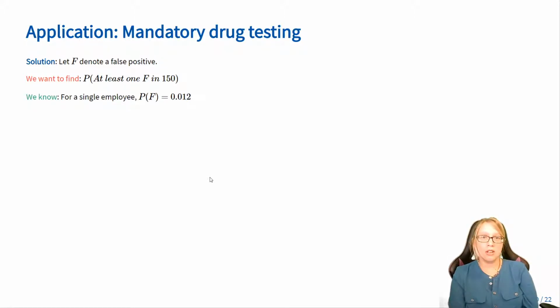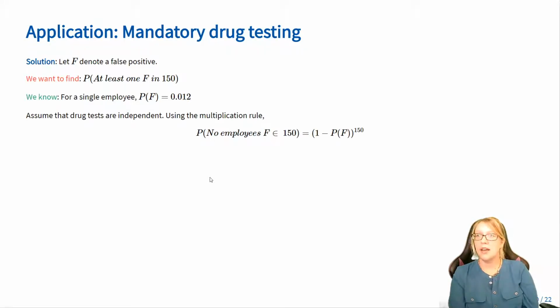So we know for a single employee, the probability of a false positive is 0.012. That means then for a single employee, the probability that the test is not a false positive is 1 minus 0.012. Assuming that these tests are independent, we can then use the multiplication rule. This rule extends all the way ad nauseam, so we can keep going.